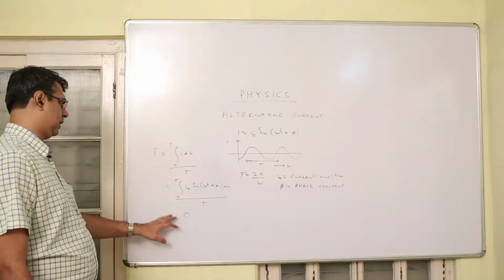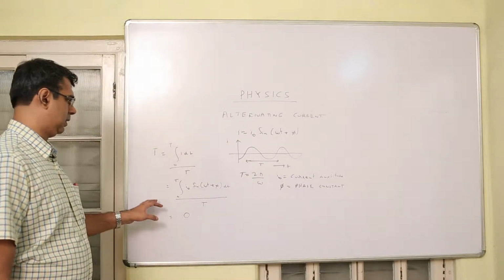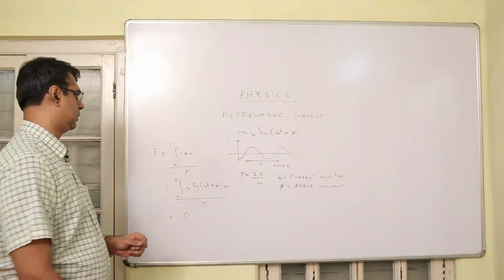So the average current in one time period is 0. So average current doesn't seem to be a very useful entity in our calculations.